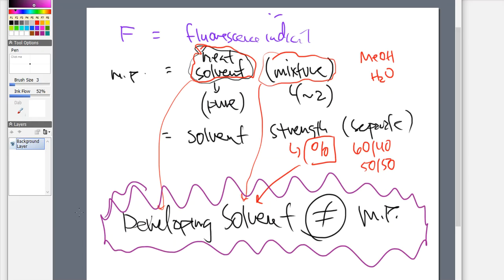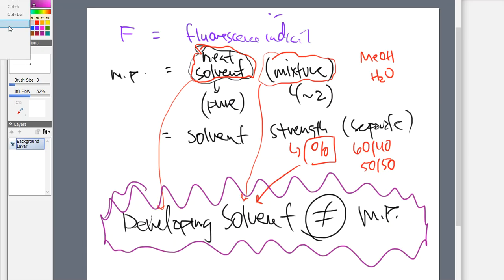They are different. The developing solvent is what I'm making in a laboratory environment that I will be using in a TLC or HPTLC analysis. That is what I'm mixing. That is what I'm making. That is what's in the bottle. That is what's going to go in the tank. That is a developing solvent. Mobile phase is different.